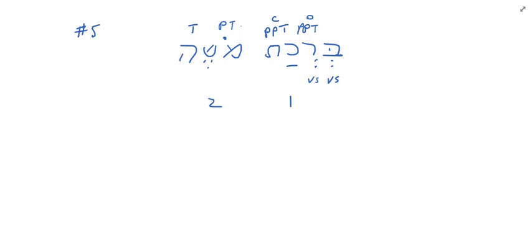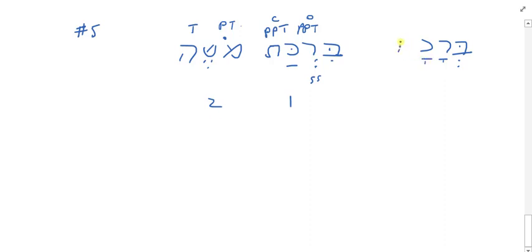The second vocal shva shoots out one of the eyes of the first, and this shva becomes silent. And I'm left with birkat. So the word berakha has undergone changes to the ending and to the internal voweling to form birkat.